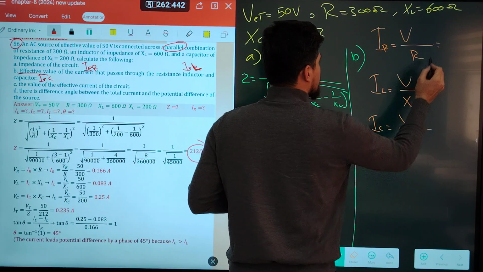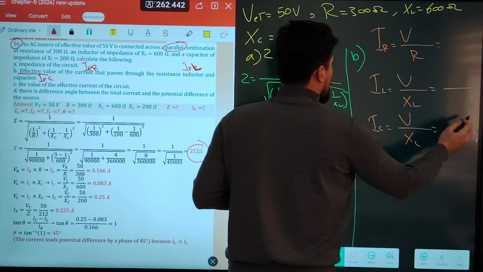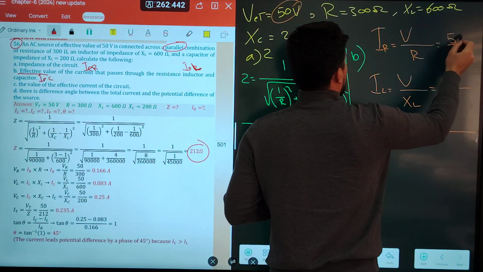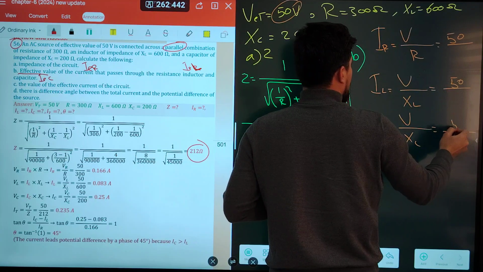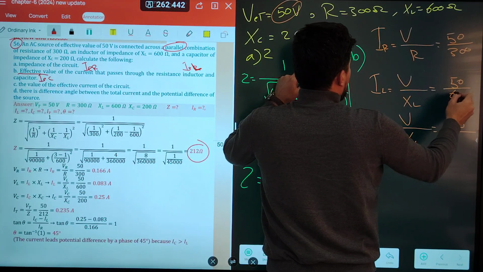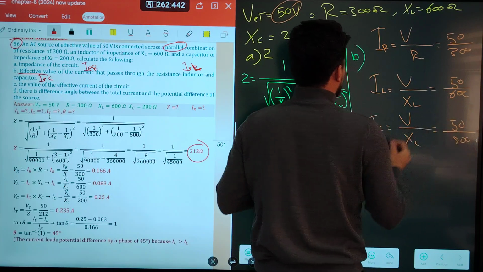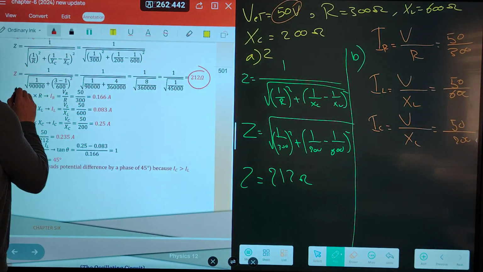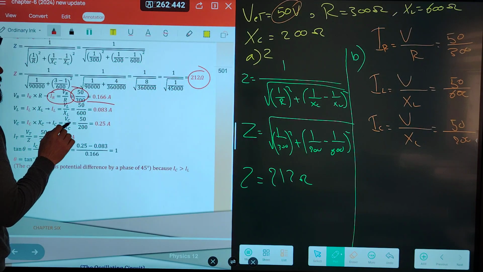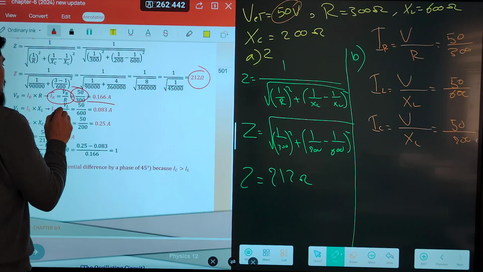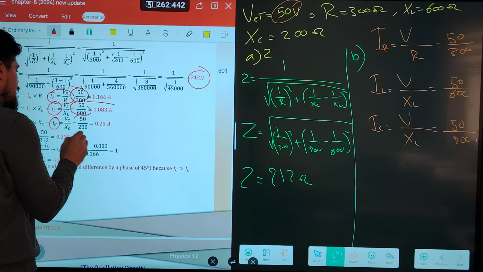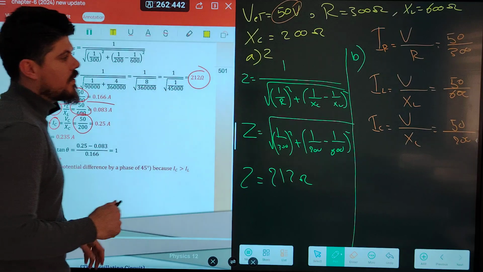IC is V over XC. Because it is a parallel connection, the potential differences are equal, 50 volts. R is 300, XL is 600, XC is 200. IR is 50 over 300, which is 0.166 ampere. IL is 50 over 600. IC is 50 over 200.